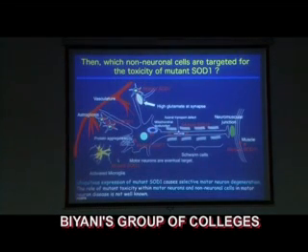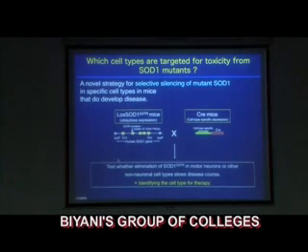So the next obvious question is to identify the non-neuronal cells which are targeted for the toxicity of mutant SOD1. To identify such cell types, we generated a new class of mutant SOD1 mice, which express mutant SOD1 in all cell types, but by using Cre-lox recombination technology, we are able to remove this transgene in a cell-type-specific manner when we cross with Cre mice.